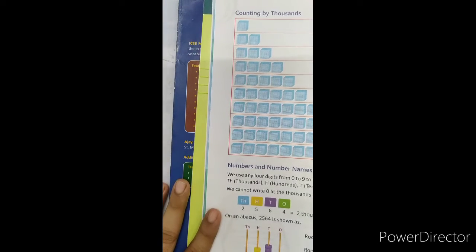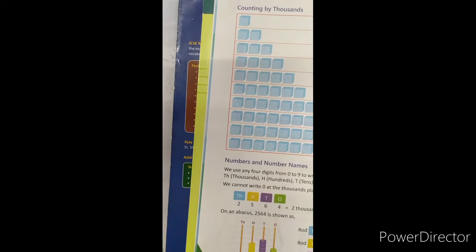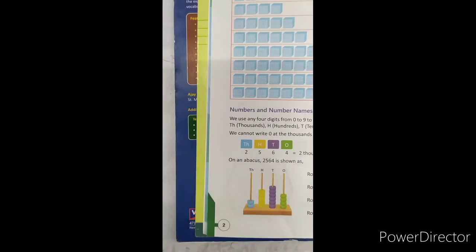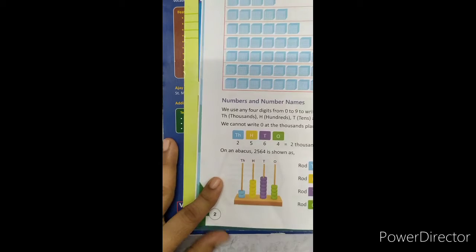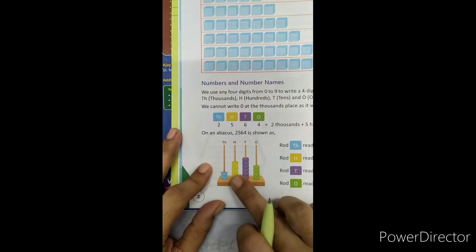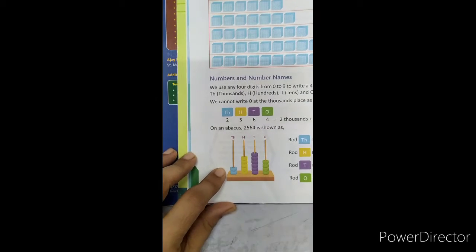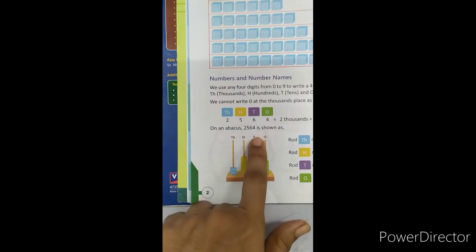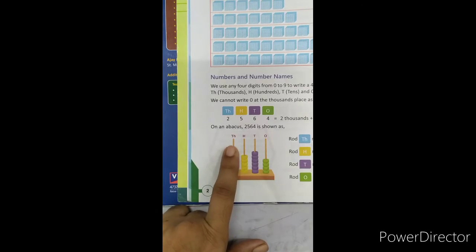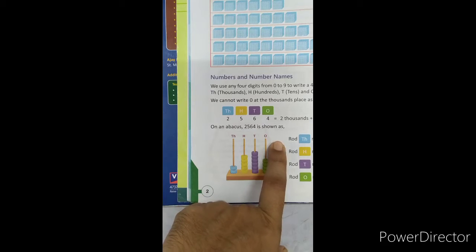Okay, so we will again go to our abacus form. As you can see, the numbers can again be represented in an abacus form. There are the rods, and each rod represents the 1000, 100, tens and ones place, isn't it?